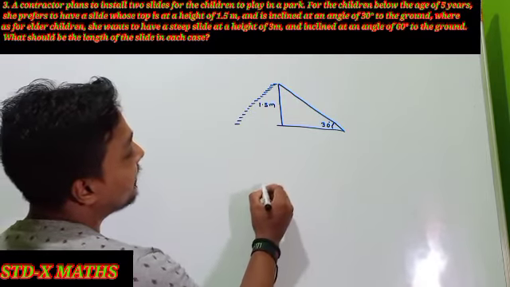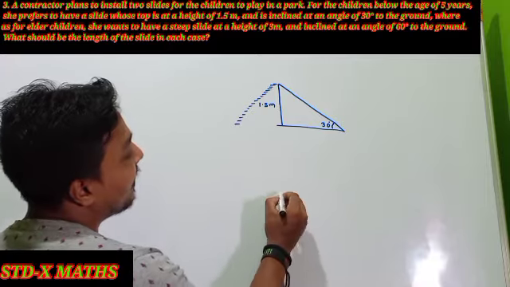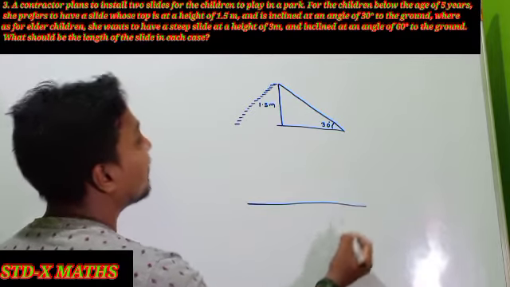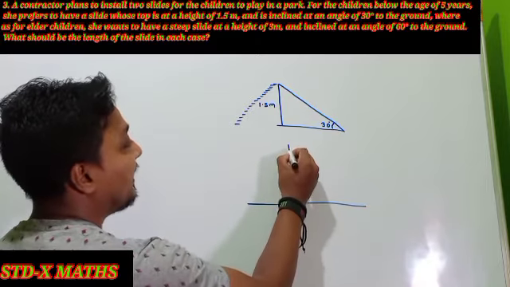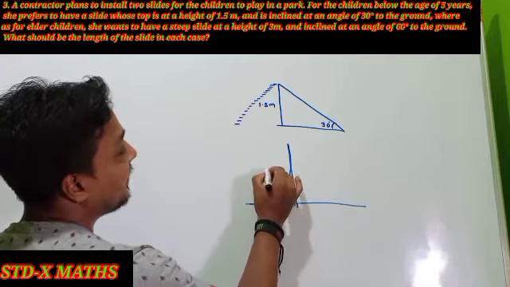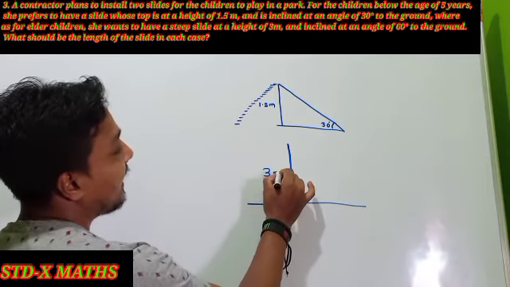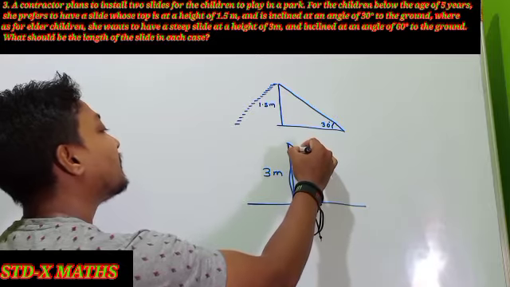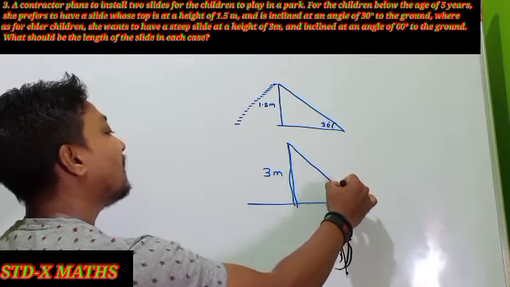And here I am showing you another one, which is meant for elders. Here the height is 3 meter, and the slide makes an angle of 60 degree with the ground.